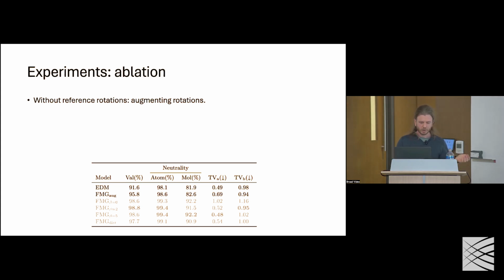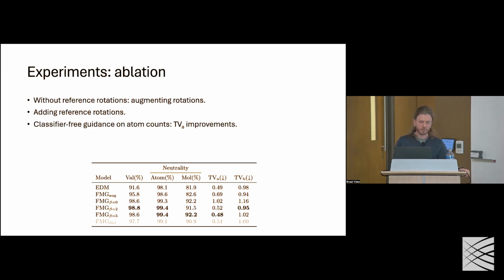And then FMG AUG is a model that receives randomly rotated molecules as training input. So before we create the field, we randomly rotate the molecule. And this, for instance, has a molecule neutrality at 82.6, whereas adding the reference rotation, so FMG beta equals 0, the number becomes 92.2. This is by far the most important design choice.